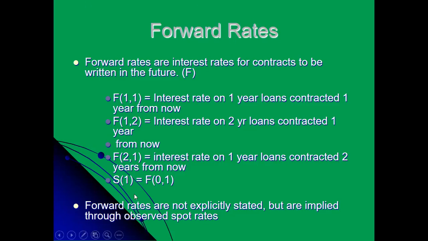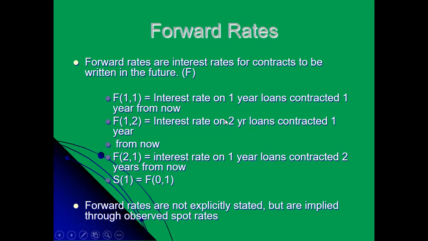Now for symbols, we have F enclosed in parentheses 1/1, which means the interest rate on 1-year loans contracted 1 year from now. The 1 here will be the time that we are going to settle the contract, and we are going to apply the forward rates. While the second number would be the term of the loan contract.